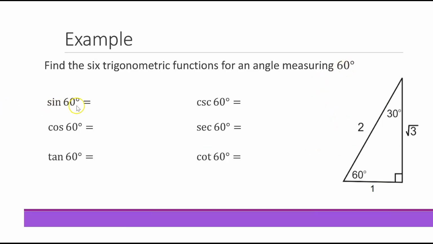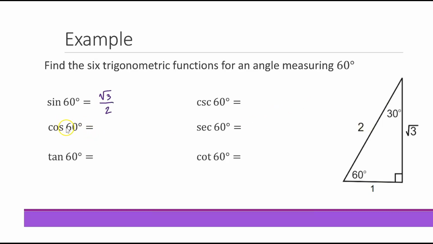So sine of 60 degrees can be found using this special right triangle where 60 degrees, I'm thinking about it in this bottom left-hand corner, and opposite 60 degrees is going to be a side length of radical 3, and the hypotenuse is 2. So opposite over hypotenuse, radical 3 over 2 is my answer.